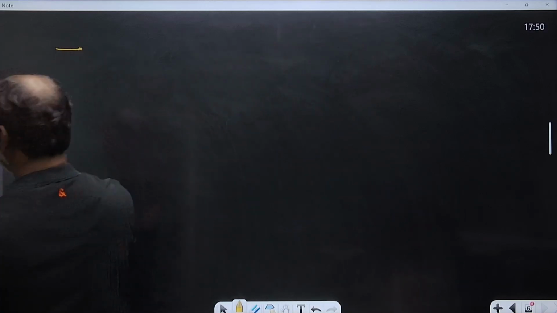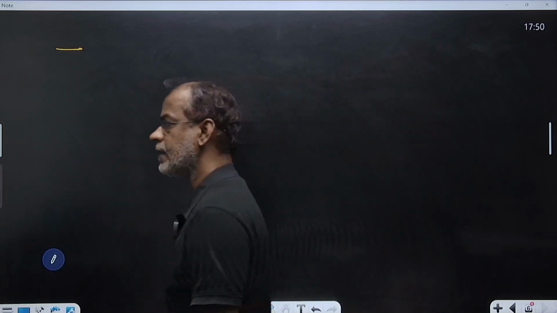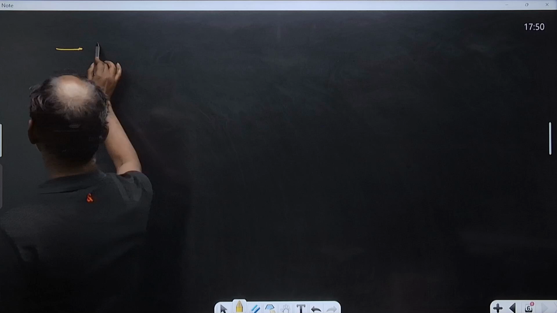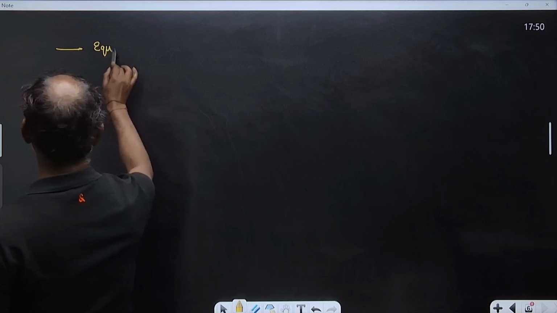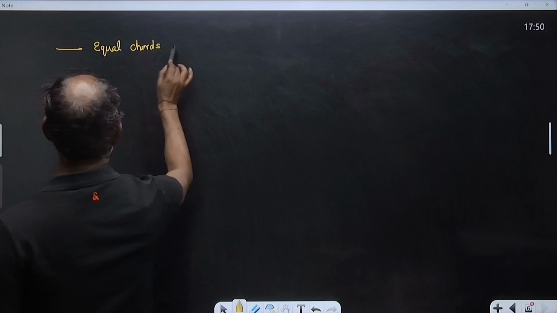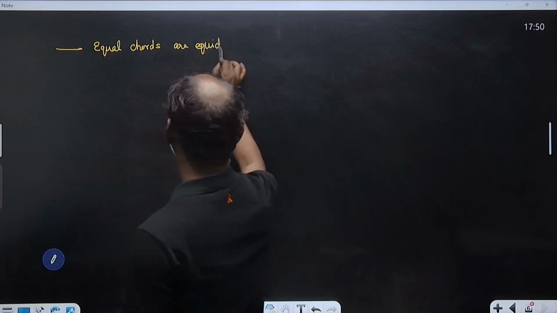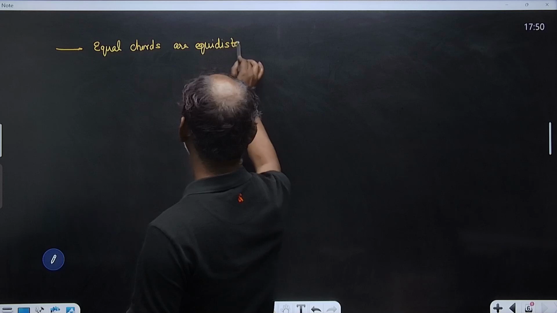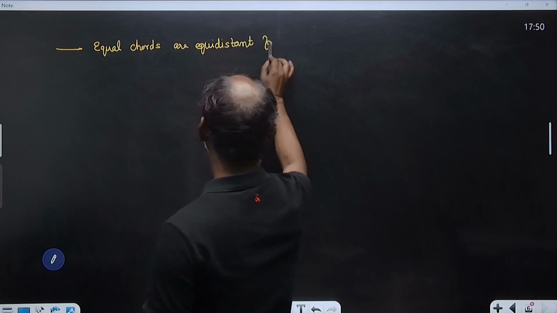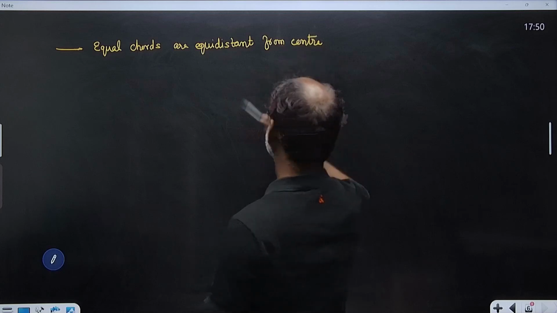Now regarding chords, what we can say is that equal chords are equidistant from center.